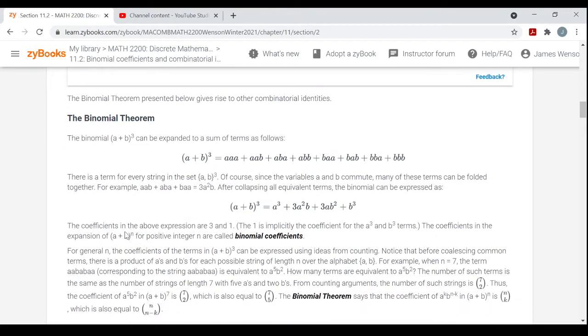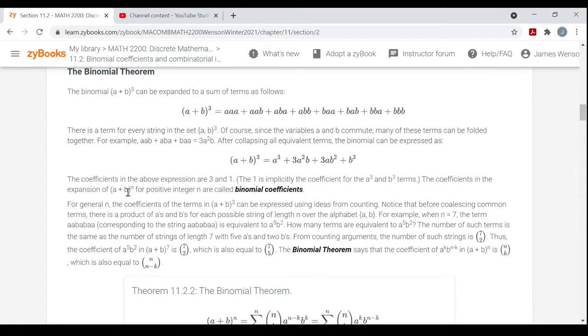So the coefficients in the above expression, the 3s and the 1s, the coefficients in that expression are called binomial coefficients. So 1, 3, 3, and 1 are the binomial coefficients here for this binomial cubed.